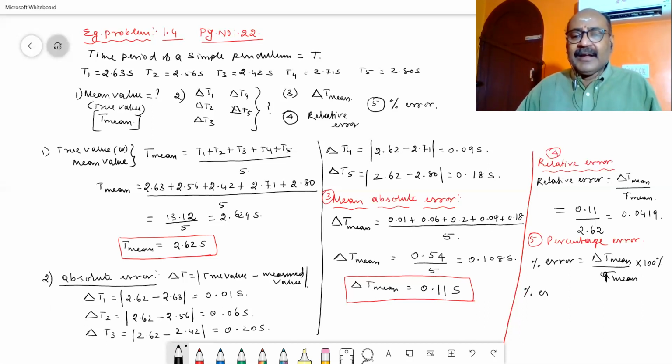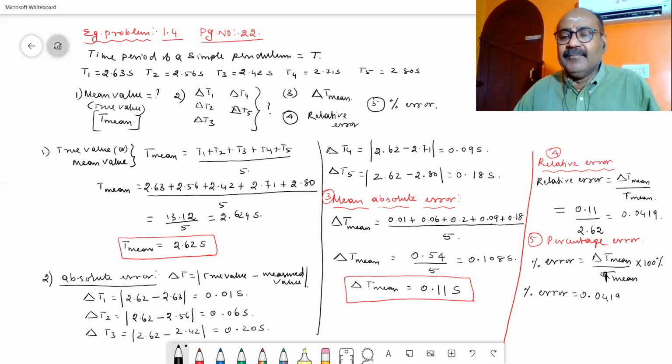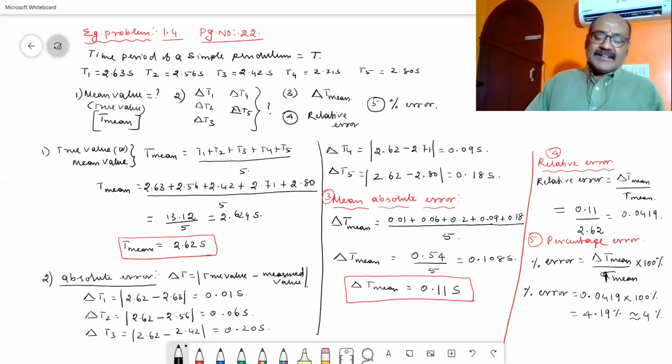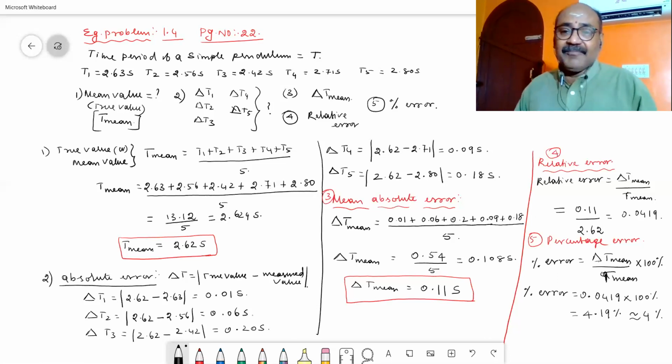So the relative error 0.0419 multiplied by 100%, you will be getting the answer as 4.19%, which is nearly equal to 4%. This is called the percentage error.